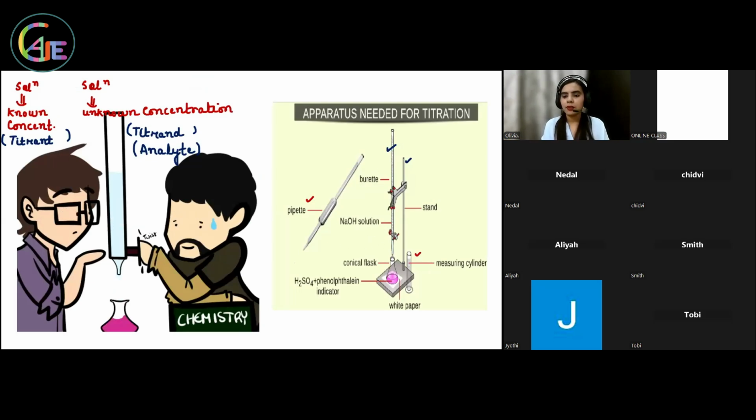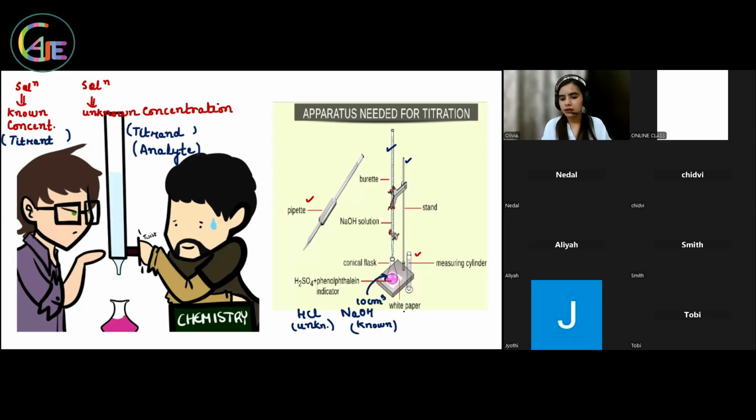We'll do it here. What you need to do, as I said, we will have an HCl and a NaOH. This is our unknown concentration. This is the known concentration. You take the NaOH, 10 centimeters cube of NaOH, fill it into the flask.